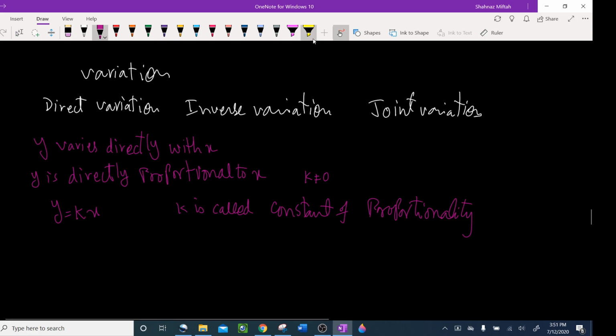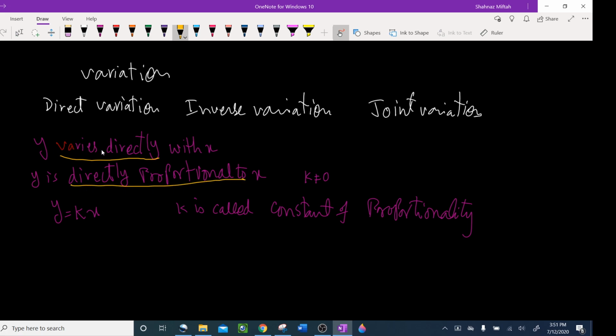Now, I'm going to underline very important vocabulary words that you will see on the test in different questions. The ones I'm talking about are right here. I'm going to underline them: varies directly and directly proportional.